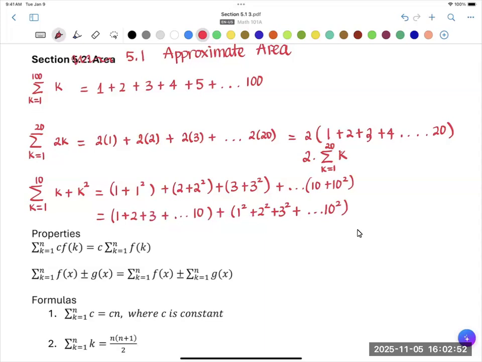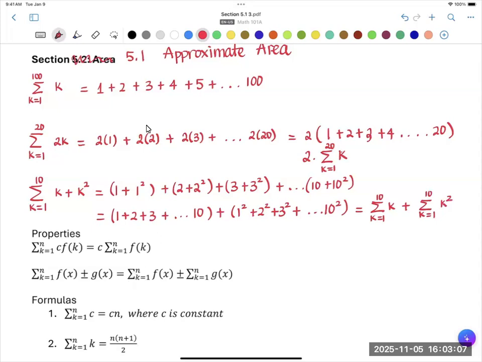So we can break it up, and this is the same as the summation of k equal 1 to 10 of k plus the summation of k equal 1 to 10 of k squared. That gives you the second property.